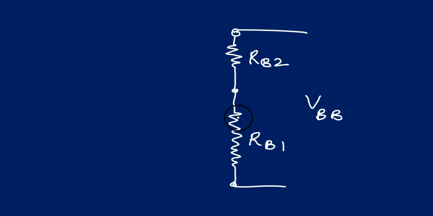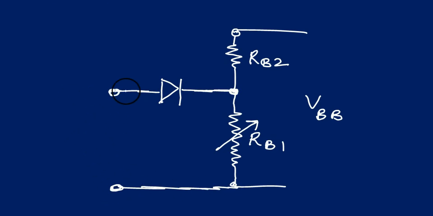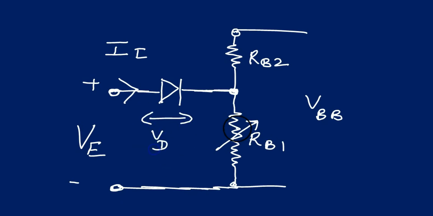Again, the equivalent diagram of UJT. The voltage is VBB, two resistors. This is variable. Here is the diode, and here is VE, and here is emitter current. Across the diode the voltage is VD.